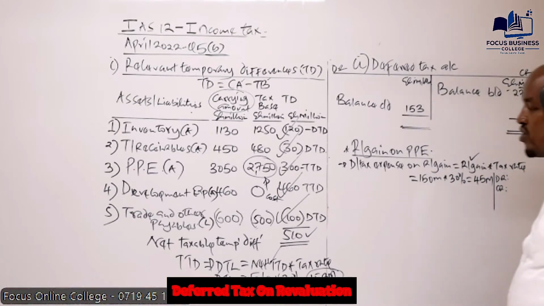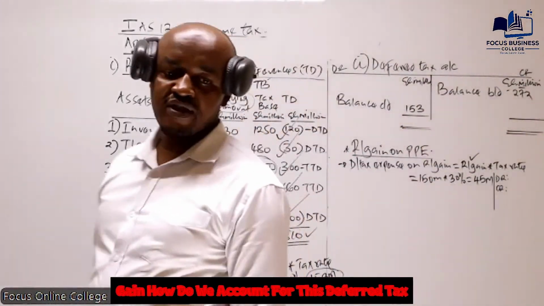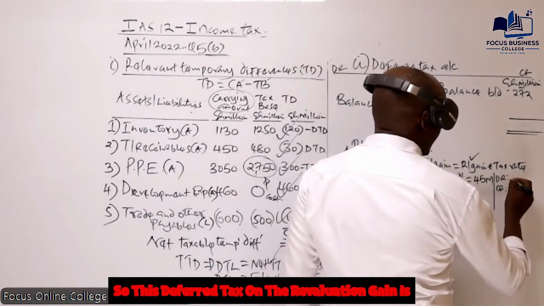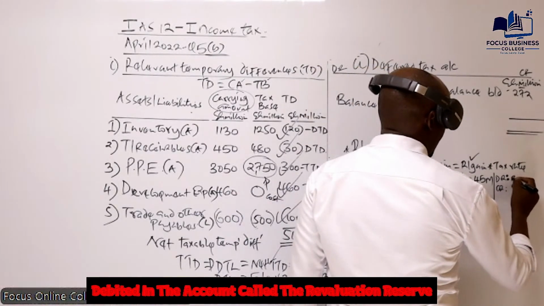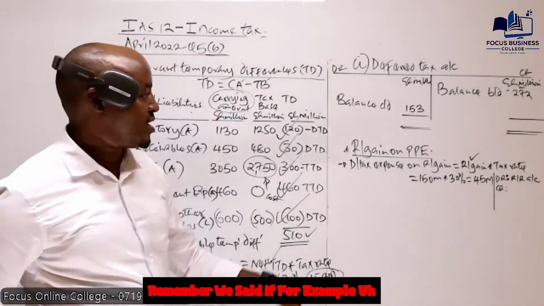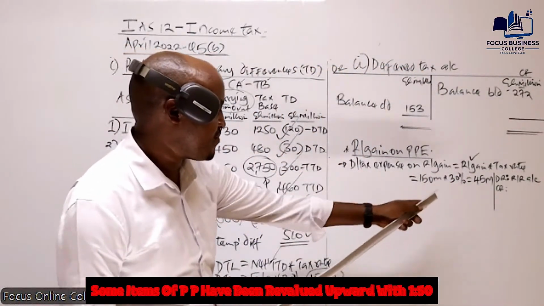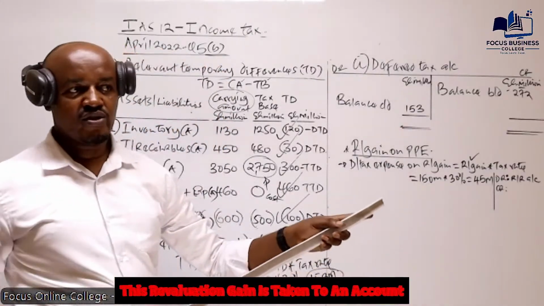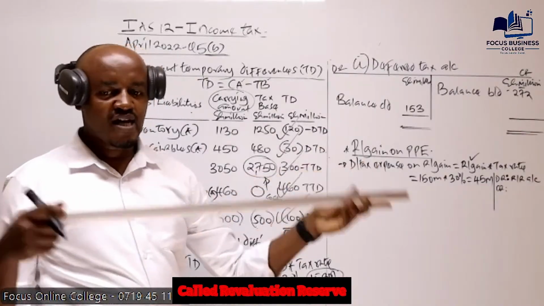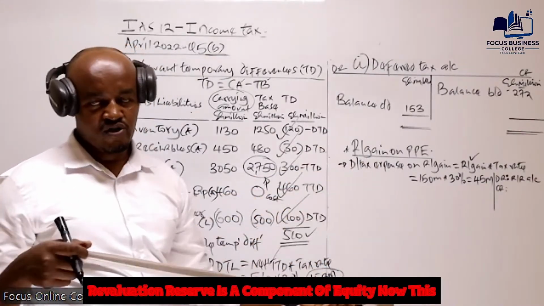Now, how do we account for this deferred tax on revaluation gain? This deferred tax is debited in the account called the revaluation reserve. Remember, if some items of PPE have been revalued upward by 150, this revaluation gain is taken to an account called revaluation reserve, which is a component of equity.